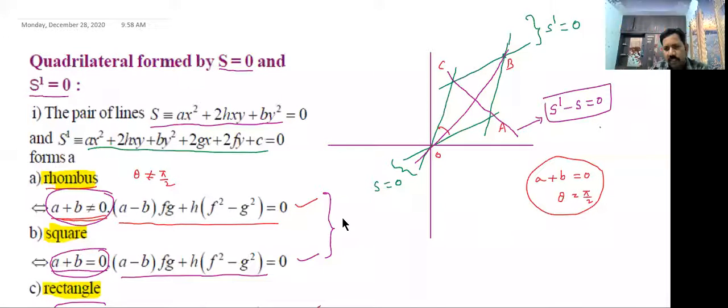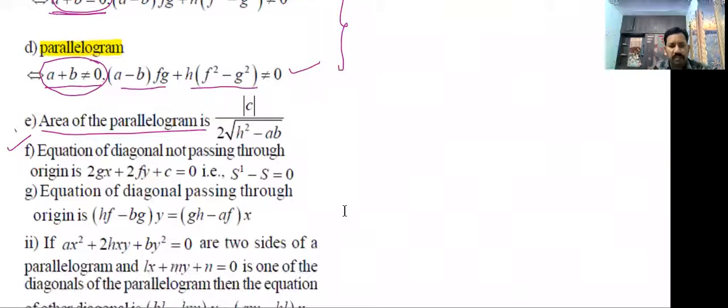That means of the two pairs of lines, subtract, and you will get one of the diagonals of the quadrilateral which is not passing through origin. Okay, so S dash minus S is equal to 0. Remember this condition.